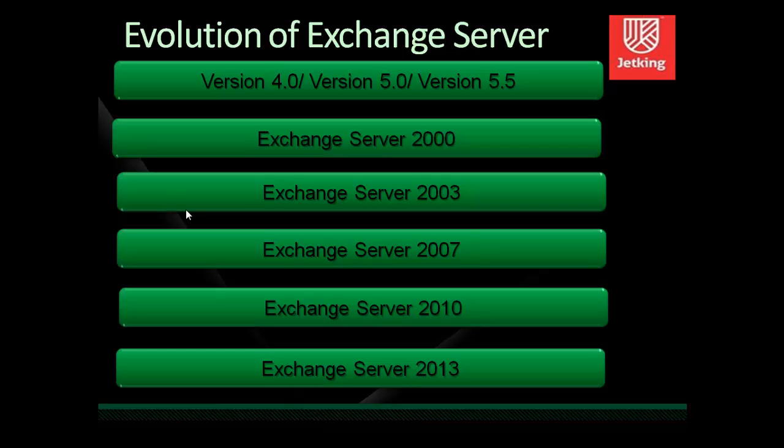These editions had different support compatibility. For example, standard edition supports up to 5 databases with 5 storage groups in Exchange Server 2007. Enterprise edition supports up to 50 databases with 50 storage groups. Each database size is limited to 16 TB.